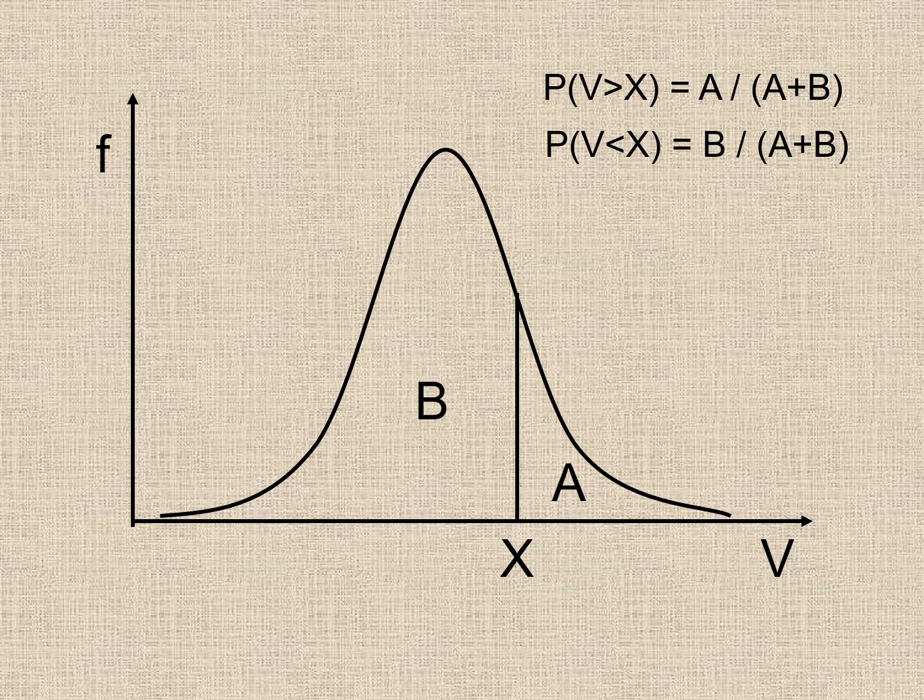And of course, the probability of getting a value that is lower than x on this variable v corresponds to the size of area B divided by the size of the full area A plus B. So again, proportions in frequency distributions correspond to probabilities.